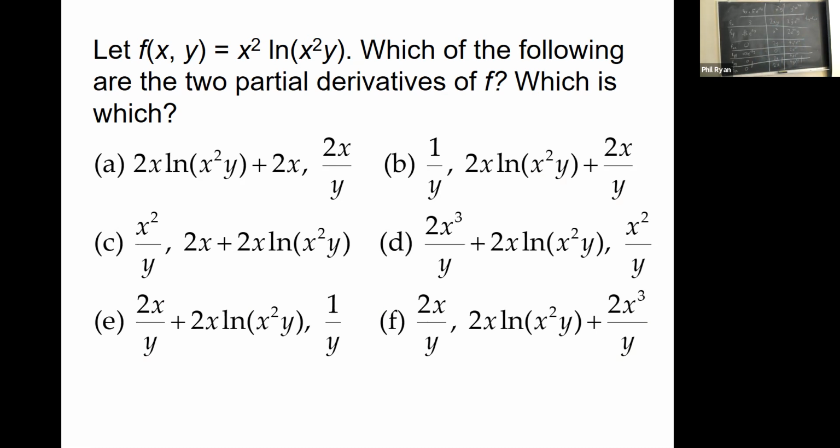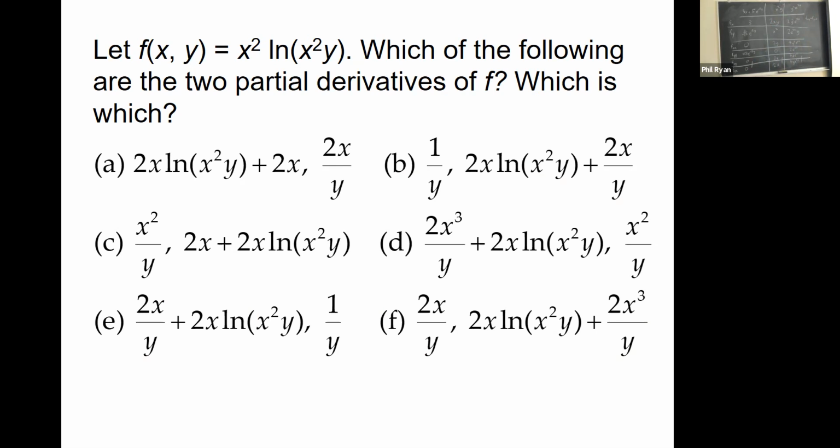Okay, so here's a nice complicated function. Which of the following are the 2 partial derivatives of f? So which is going to be the easy one to do? It's going to be finding the partial derivative with respect to y, right?